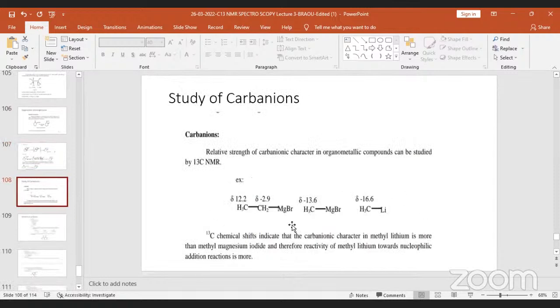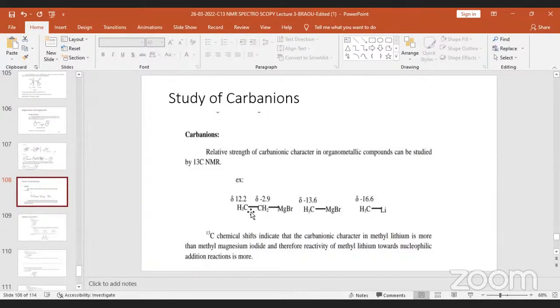Study of carbanions also is possible by C13 NMR, and carbanion formation increases the electron density at carbon. Electron density increases means upfield shift.